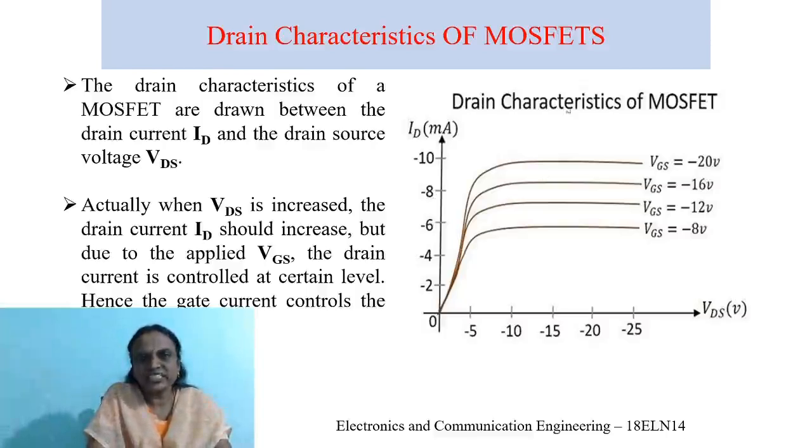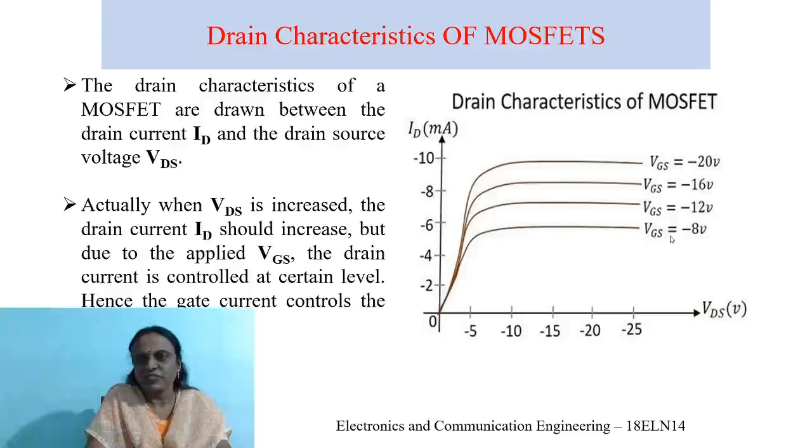So this represents the drain characteristics of MOSFET, where as and when VDS is increased, the drain current increases, but when the gate to source voltage is applied, the drain current becomes constant, or we can say it is controlled.